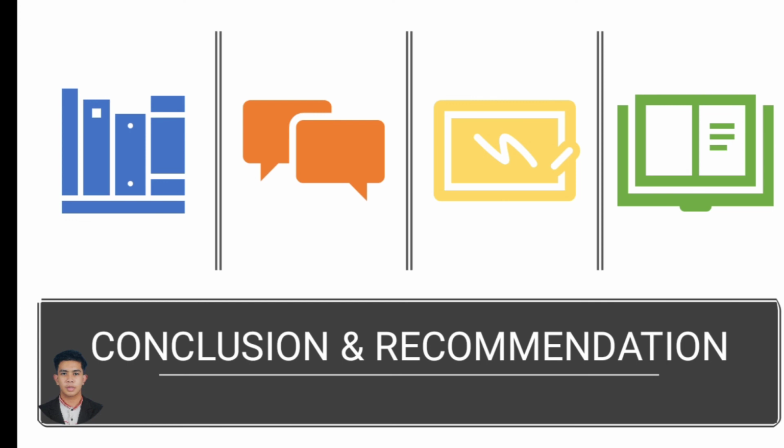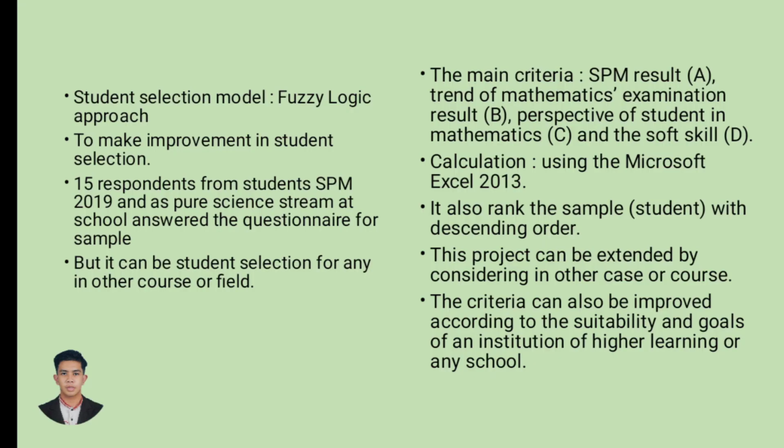Conclusion and recommendation. In conclusion, for the student model, we use a fuzzy logic approach to make improvements in student selection. In this study, we got 15 respondents from SPM 2019 students in the pure science stream at school who answered the questions for the sample. But it can be any student selection for any course or field.